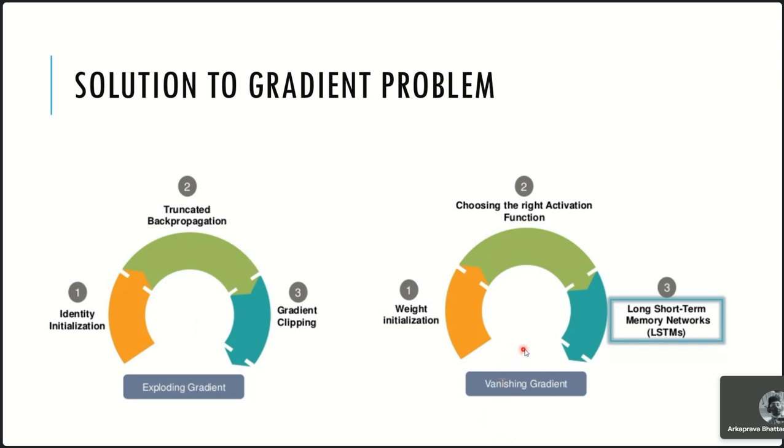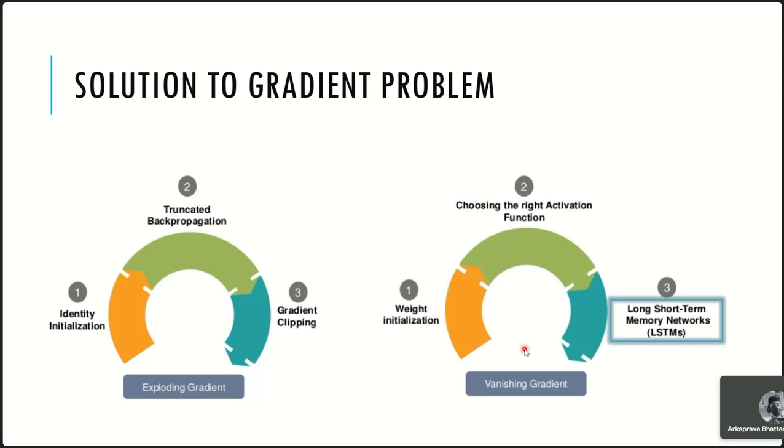Then for the vanishing gradient problem, the solution we have at hand is long short-term memory networks. If you have long sequences, that's when your vanishing gradient problem occurs, correct? So you can't just cut your sentences into two halves or into bits and pieces for performing backpropagation.